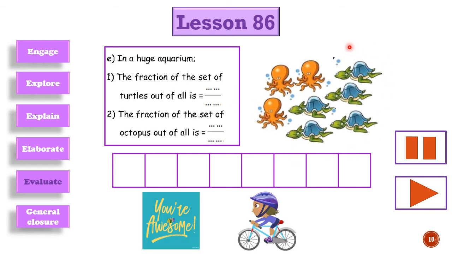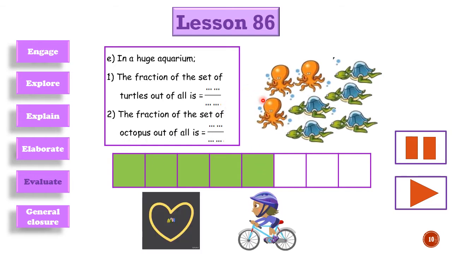All of them are 8. Then we draw our model, which is fraction strip divided into 8 equal parts. Now we are going to color first our turtles. How many turtles here? Yes, 5 turtles. Then we will use our green color, which represents that fraction of turtles.